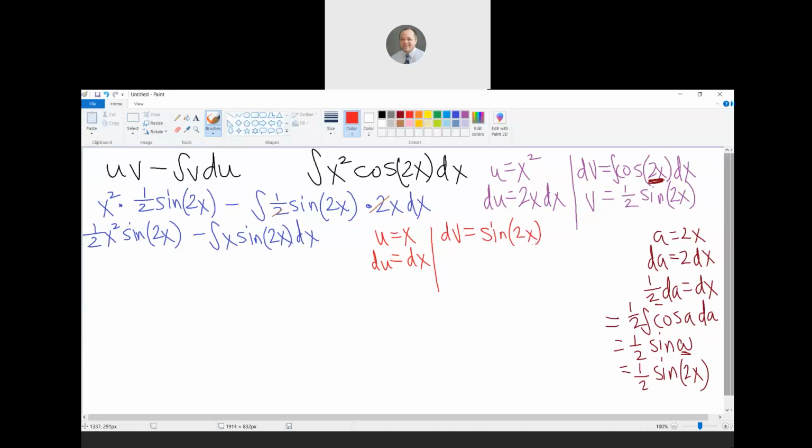Now, I'll go ahead and tell you without showing you this time around, when you integrate sine of 2x dx, you'll get negative 1/2 cosine of 2x. And again, all I did was a side substitution. I just let a equal 2x and found my integral in similar fashion as we did over here.